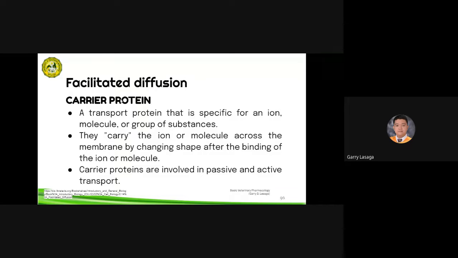Another type of protein that is involved in facilitated diffusion is the carrier protein. This type of protein will transport ions, molecules, or groups of substances. From the word itself, carrier, they will carry the ion or molecule across the membrane by changing shape after the binding of the ion or molecule.